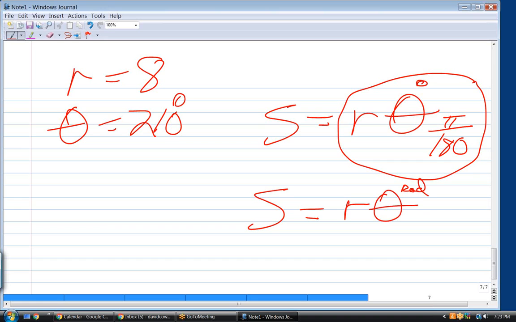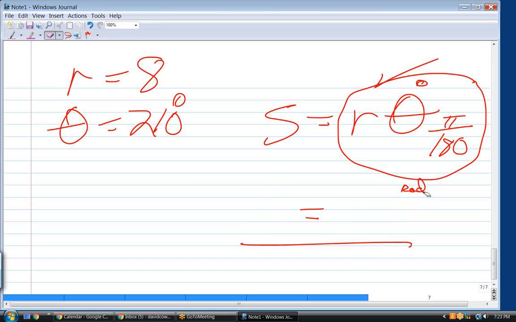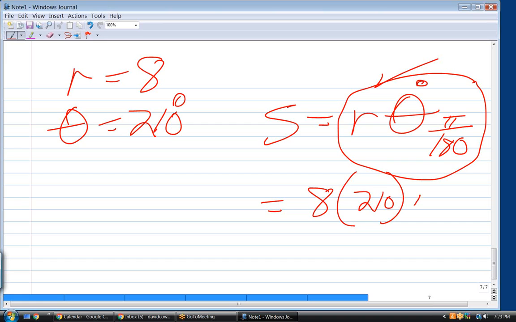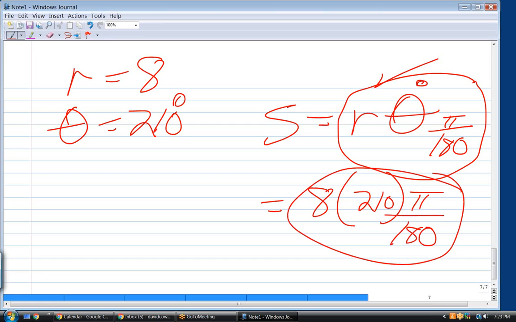I could not use this formula for this problem because it's not in radians, it's in degrees. So I've got to use this one. So my answer for this problem is 8 times 210 times pi over 180. There's the length of that arc.